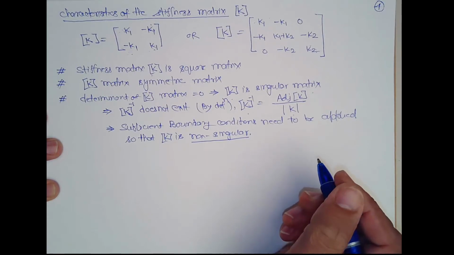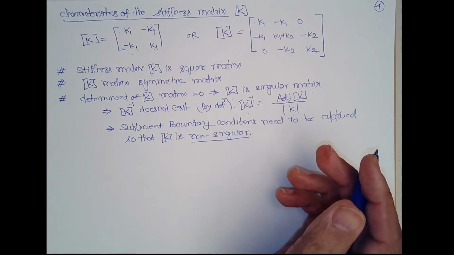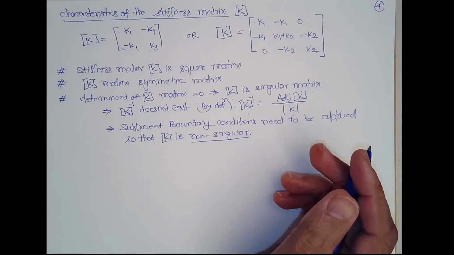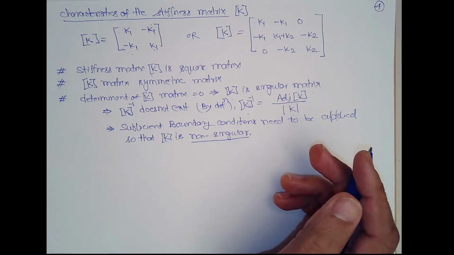Meaning thereby, you have to apply a fixed boundary condition or some boundary conditions to restrict U1, U2, U3.